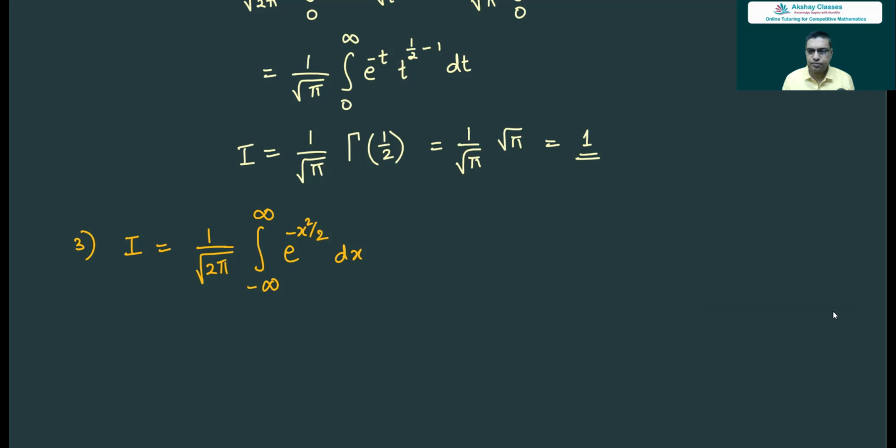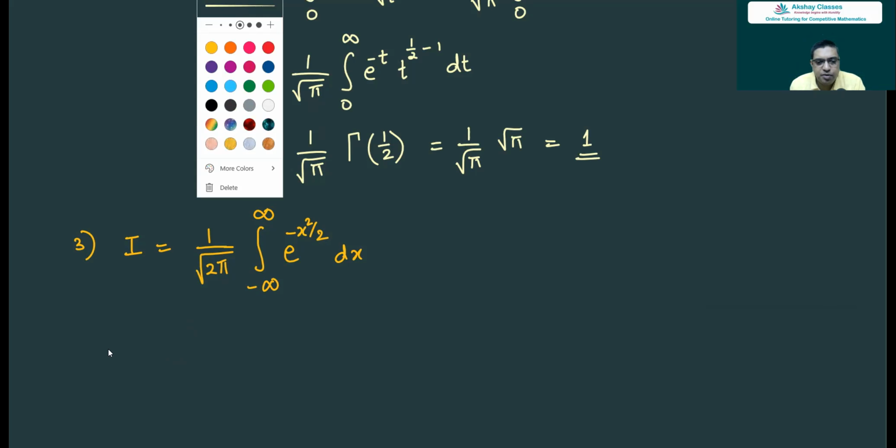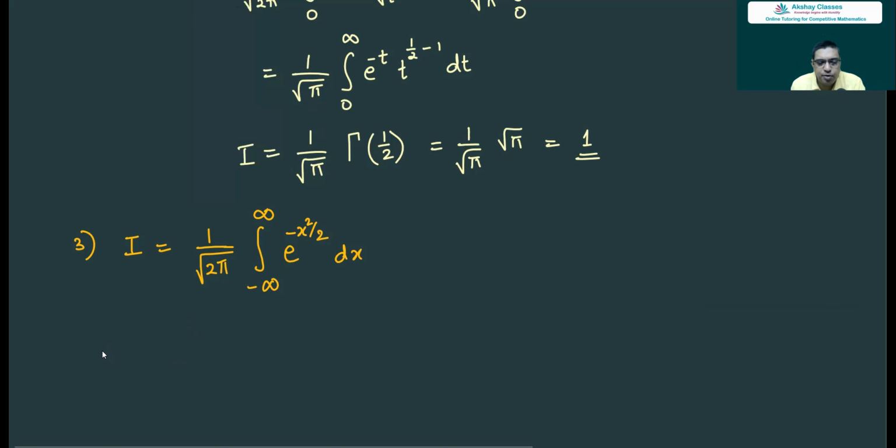So let us look at this. First of all, it is integral from minus a to a of e power x square upon 2 with a minus sign here. E raised to the power minus x square upon 2.